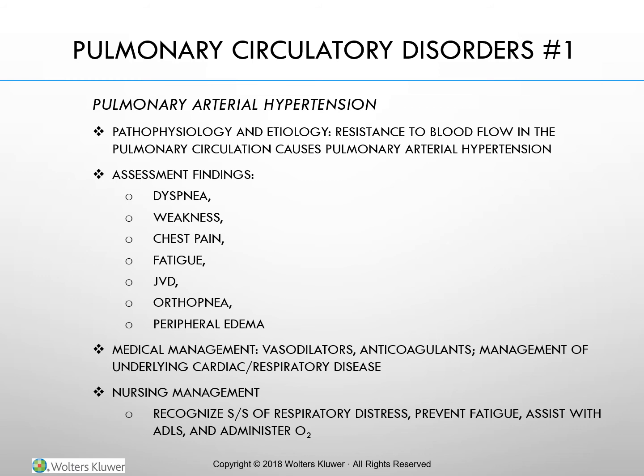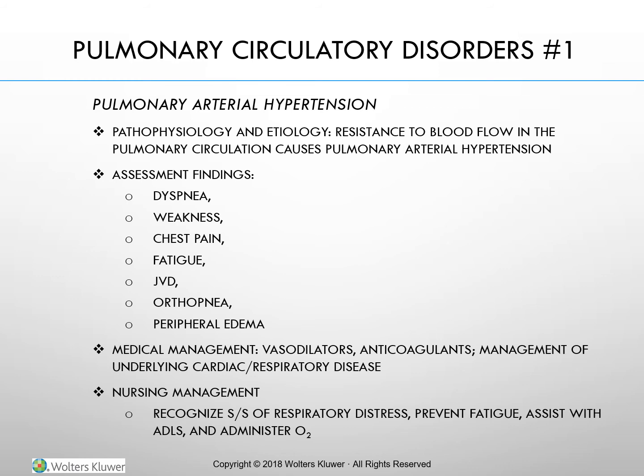Treatment of pulmonary hypertension includes the administration of vasodilators and anticoagulants and management of the underlying cardiac or respiratory disease. Oxygen therapy commonly is used to increase pulmonary arterial oxygenation. If right-sided heart failure is present, other treatments include medications such as digitalis or digoxin to improve cardiac function, rest, and diuretics.